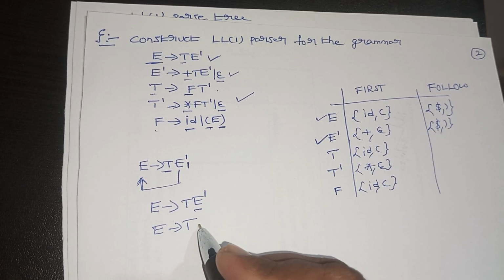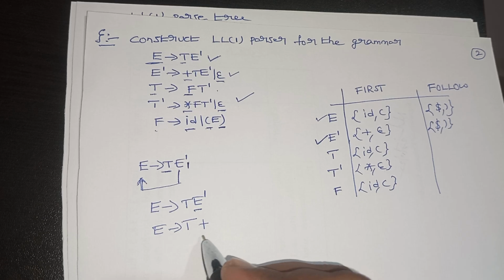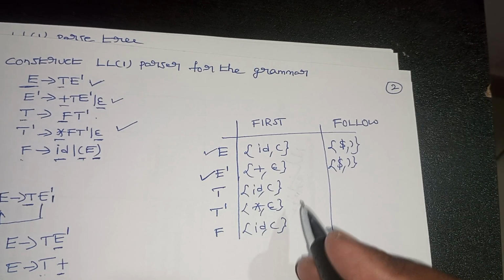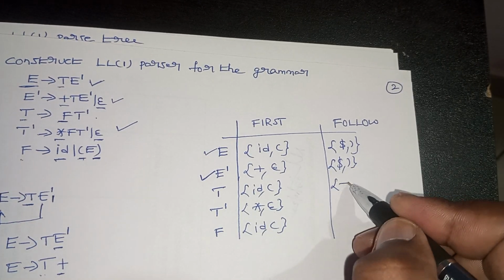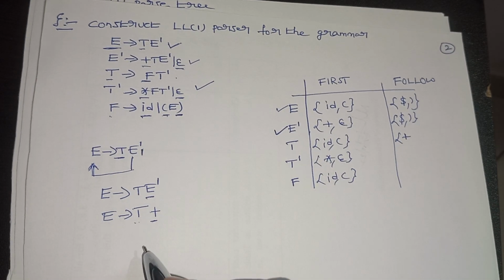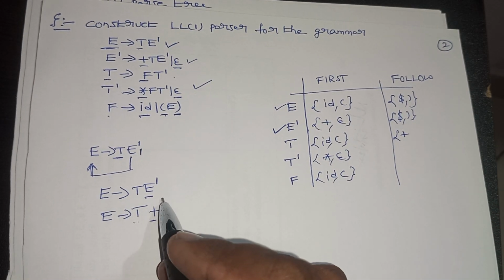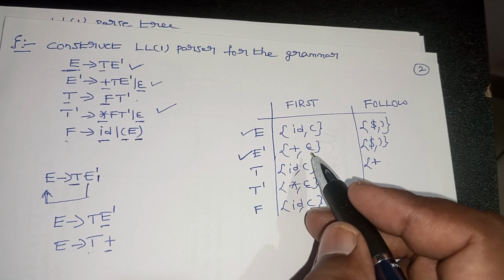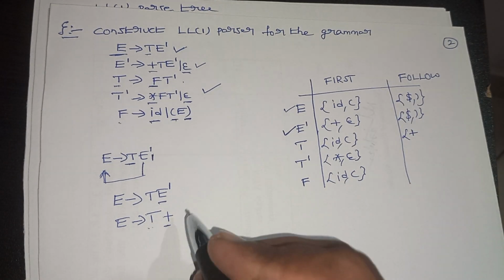Now what is follow of T? Immediate to this T, plus is the follow of T. Write in the answer: plus. Now what is first of E dash? I am having an epsilon there.